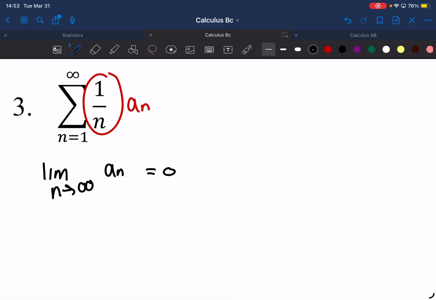We look at this a sub n, it's not geometric. So we're not able to bring in that extra information, which means since we have a limit equal to 0, we can't draw any conclusion, so no conclusion. That no conclusion means it could be either divergent or convergent. We just need more information.